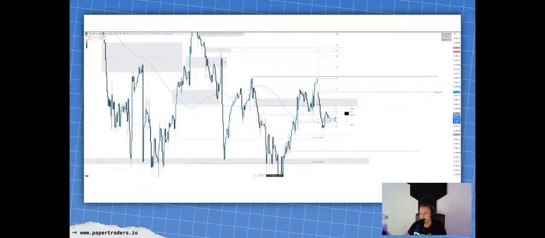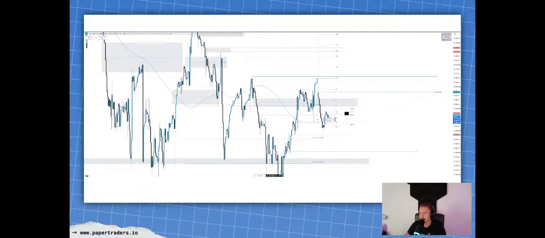This displacement has formed an FVG, and we have a wick to the downside that goes above that FVG from 29,718 to 29,690.25.